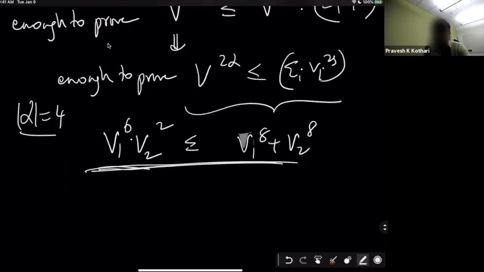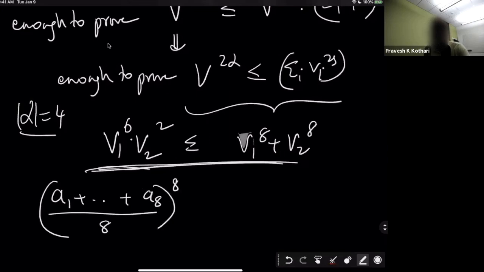Okay, so look at the following, 8 variable AM-GM. I hope you will agree that (A1 plus ... plus A8) over 8, to the 8, is at least... wait, maybe that's not what I want to do. Okay, let's actually go on with it anyway.